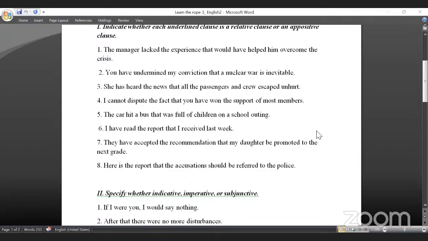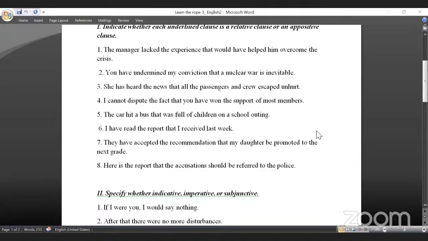So there are many things like this. Just because you didn't see the word report there, or because it sounded a little incomplete, it does not mean it is incomplete in itself. It can have a conceptual space there. In the previous case, was full of children on a school outing, it was tough to provide anything from our side. It clearly was a fragment, an incomplete sentence. But in this case, it's just an element which you can bring from outside and fit in, no problem.